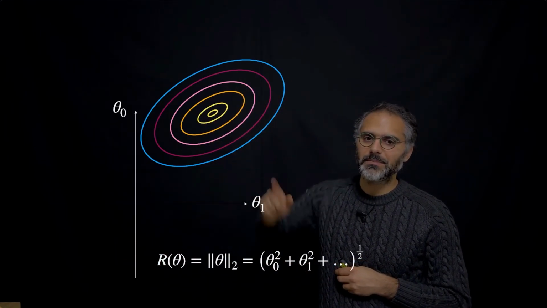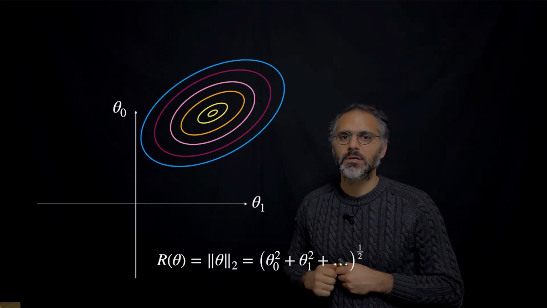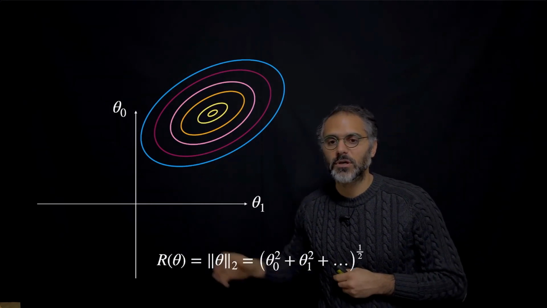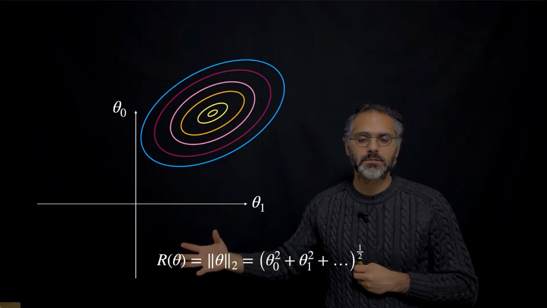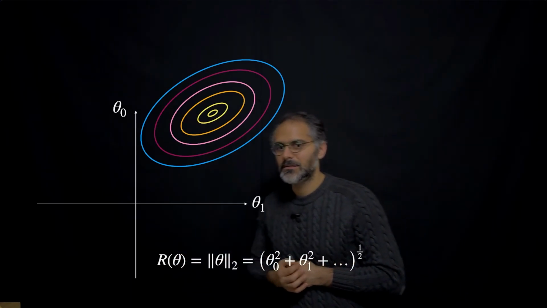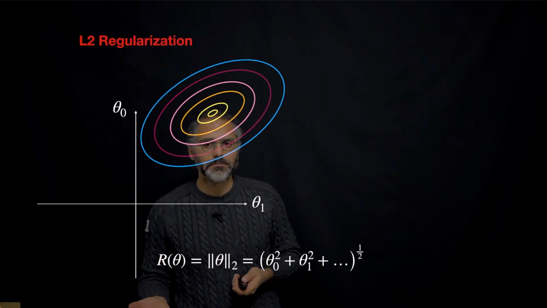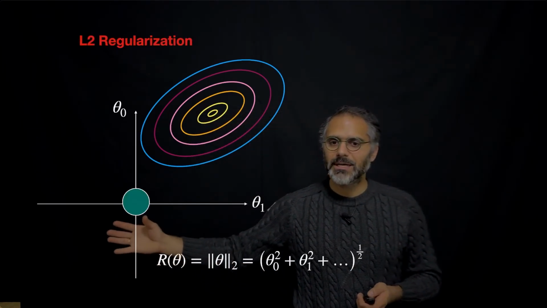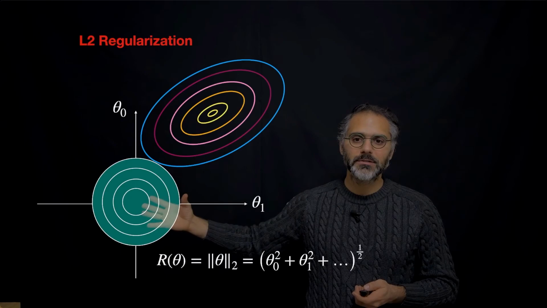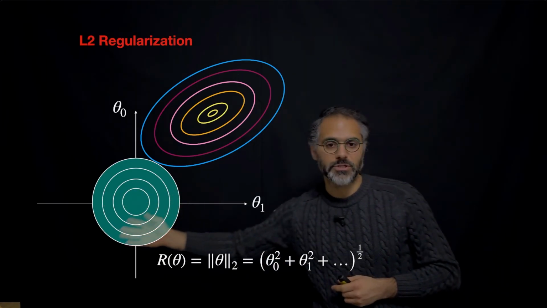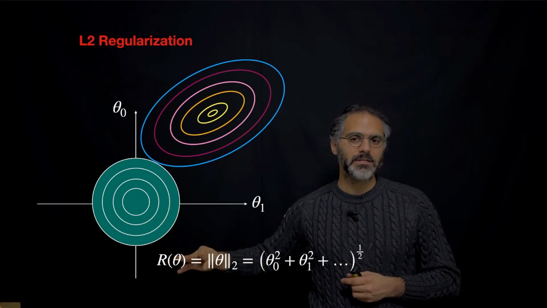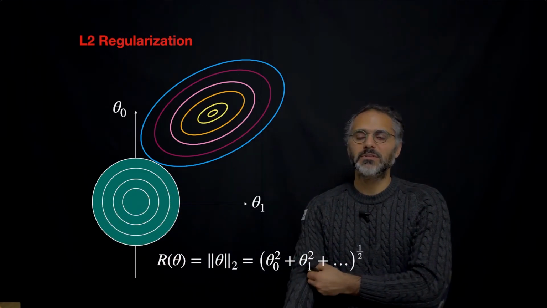That's how I got the ellipses, right? I set the loss function to a constant, and then I have theta squared plus theta squared equals a constant, right? So this is a circle. So now my contour plots are circles, and they're around the minimum, which is 0, right? If I set theta to 0, that's going to be the minimum of this loss function.